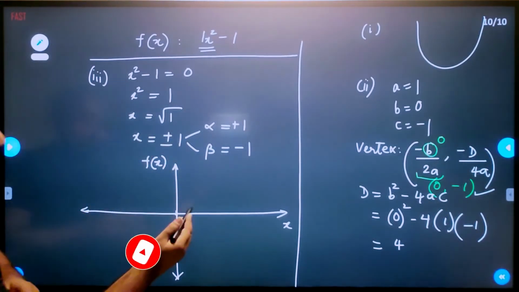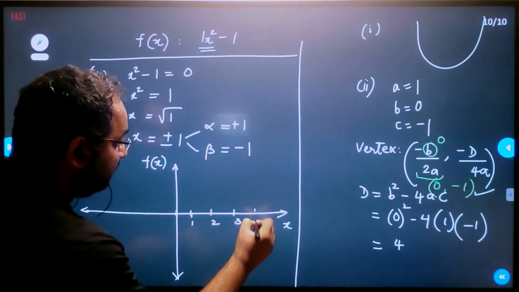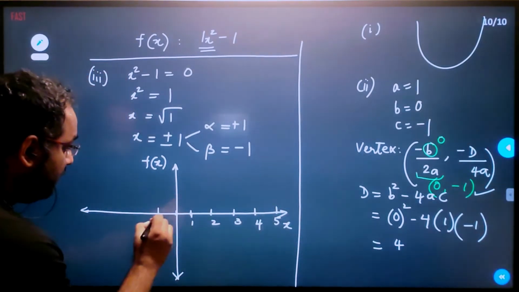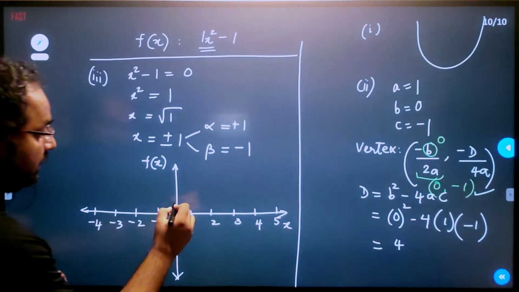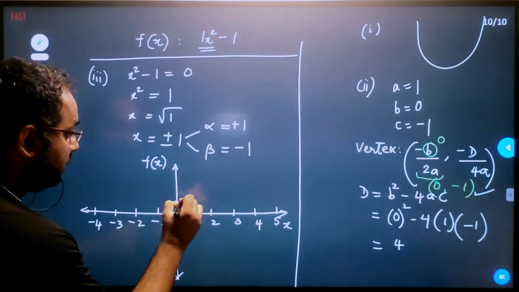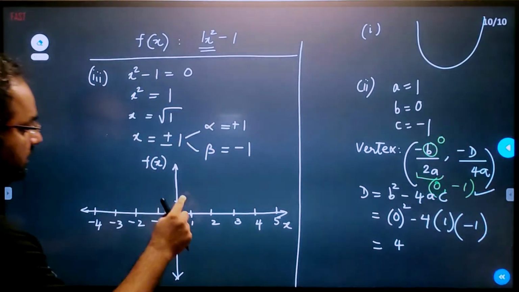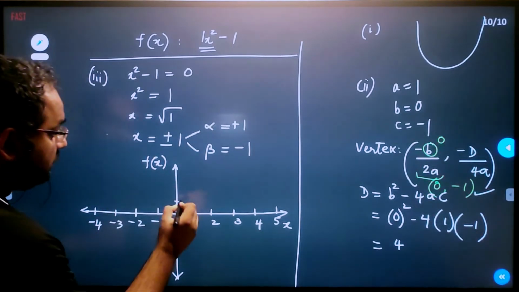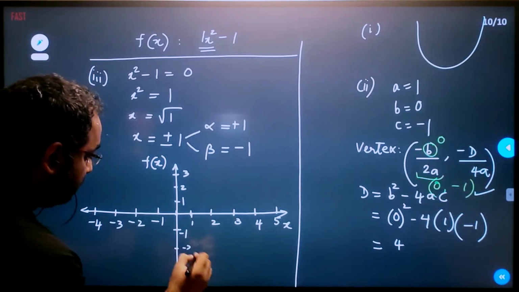I have a minus 1 and I have a plus 1. So I'm going to take this as 1, 2, 3, 4, 5, minus 1, minus 2, minus 3, minus 4. Again, plus 1. Where is this? One second. This. So this is 1, this is 2, this is 3, this is minus 1, minus 2, minus 3.